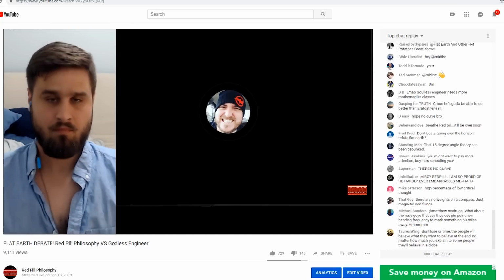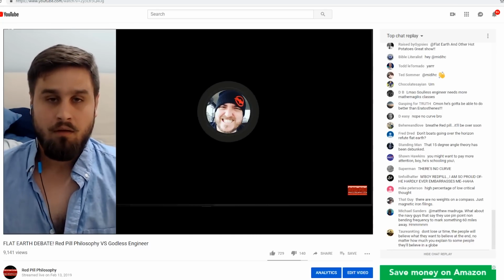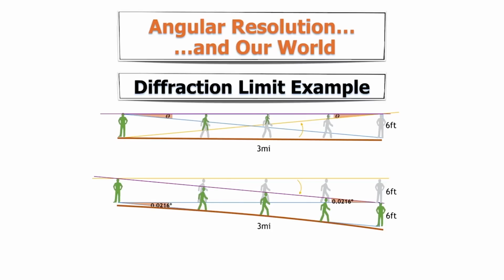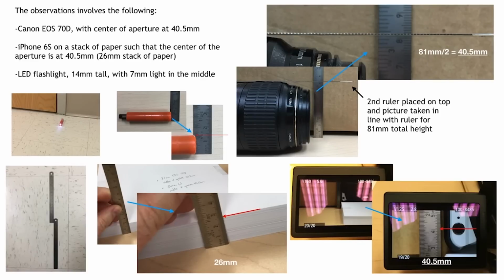So, but could you explain the experiment again? This is a diffraction limit example as an addendum to the angular resolution series. This observation involves the following.